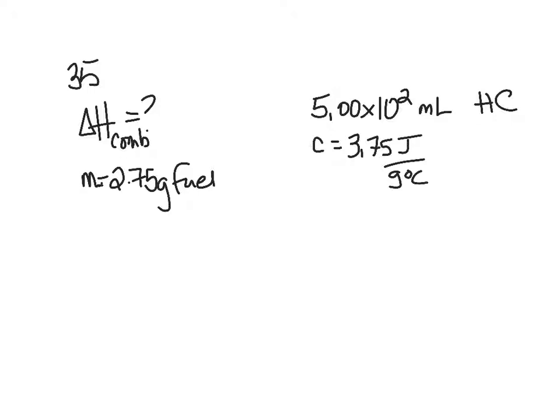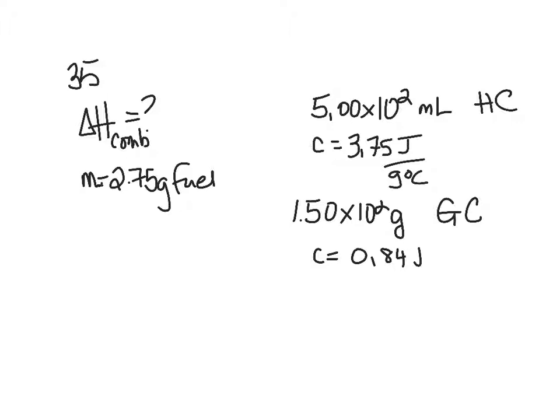In a 150 grams glass cup, and its specific heat capacity is 0.84 joules per gram degrees Celsius.